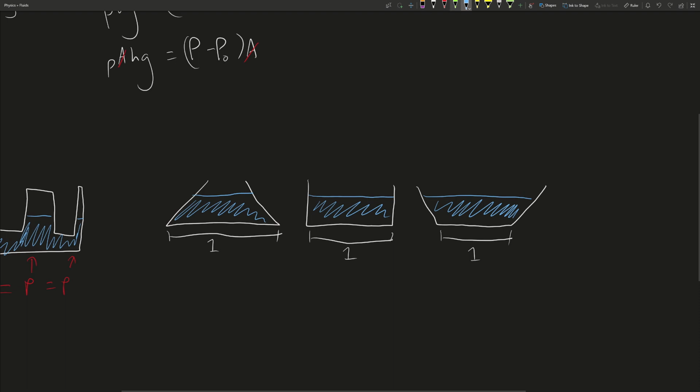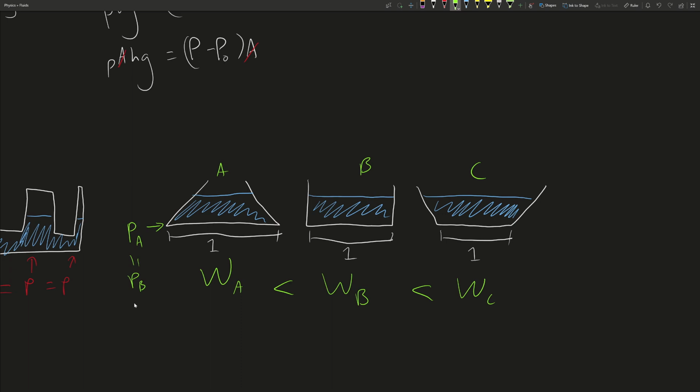Now the pressure at the bottoms of all these containers are going to be equal. However, if we put this on a scale, we know that the weight of this, let's call this A, B, and C. Weight of container A, or with the fluid, is going to be less than the weight of container B, which is going to be less than the weight of container C. However, the pressure of container A at the bottom is equal to the pressure at container B and the pressure of container C. So this is pressure at the bottom.